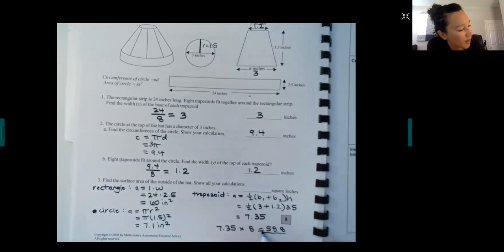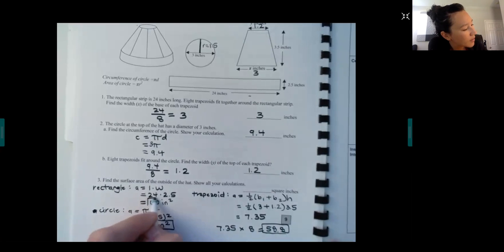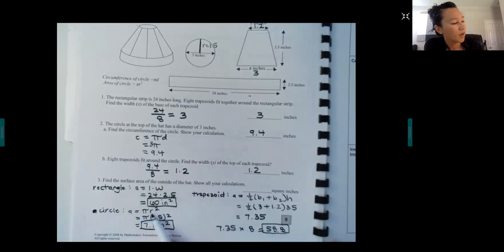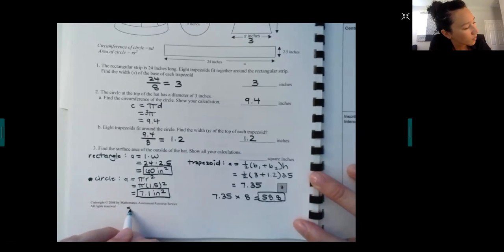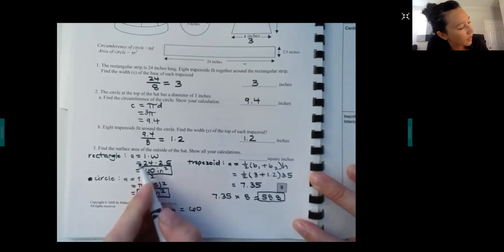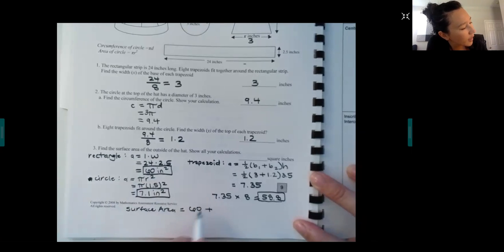So now we have the area of our 8 trapezoids, the area of our circle, and the area of our rectangle. When we add all of those up, that's going to give us our total surface area. We're going to do 60, the area of our rectangle, plus the area of our circle, plus the area of our 8 trapezoids.